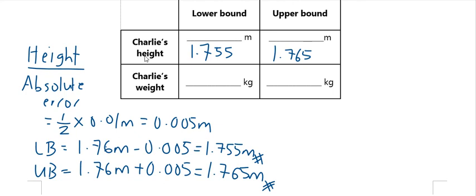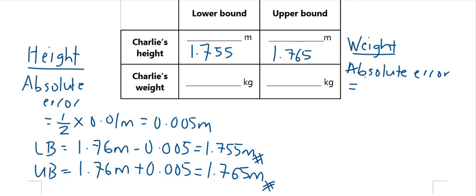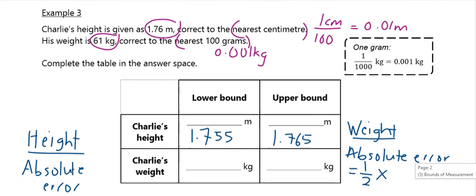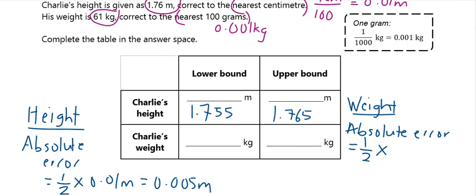Okay, let's proceed with the weight. So for your weight, the absolute error will be half times your unit of weight, 0.001 kilogram, and you will have... here my mistake, this is 100 grams, so this is not supposed to be your units of measurement.